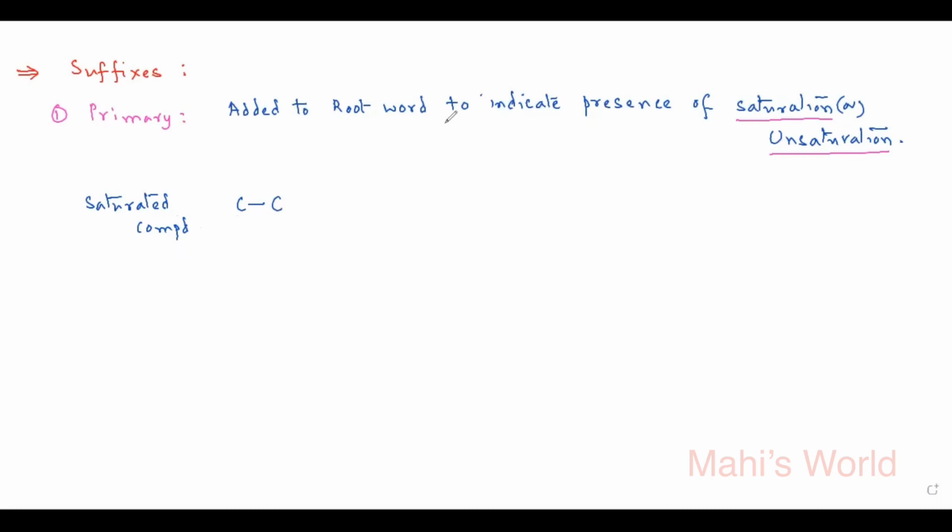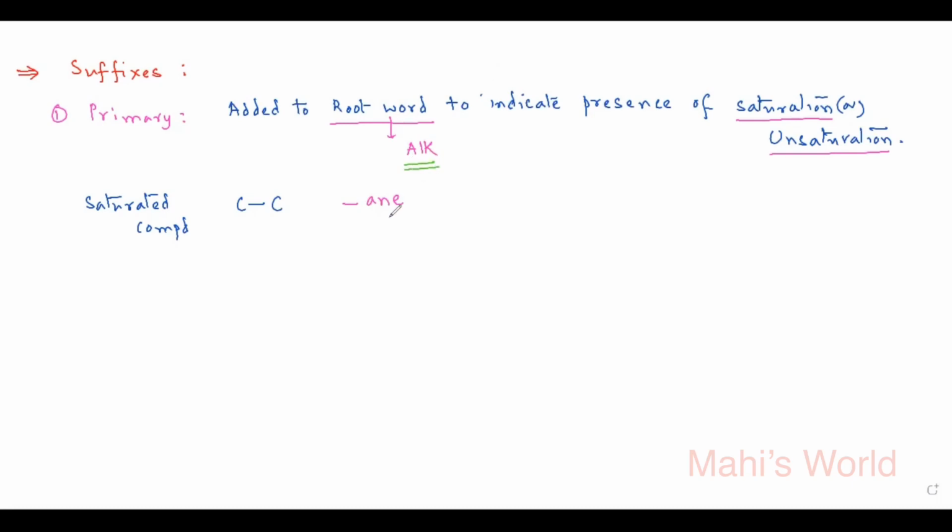In such a case, the primary suffix is "-ane". See, in general, it is added to the root word. Generally, the root word taken is alk.